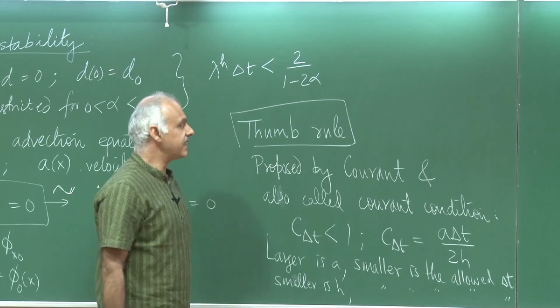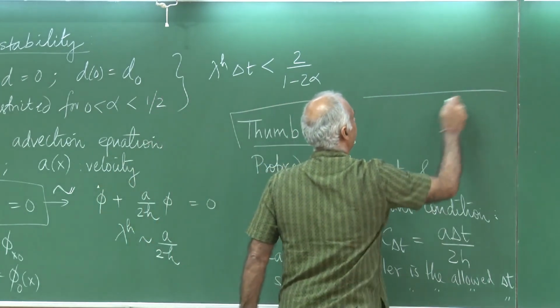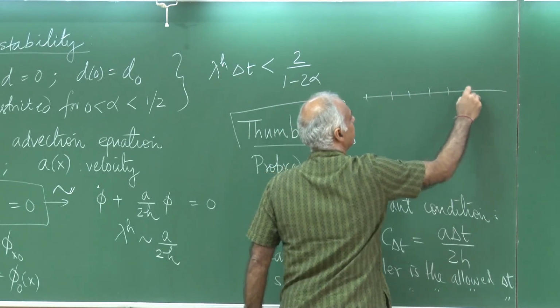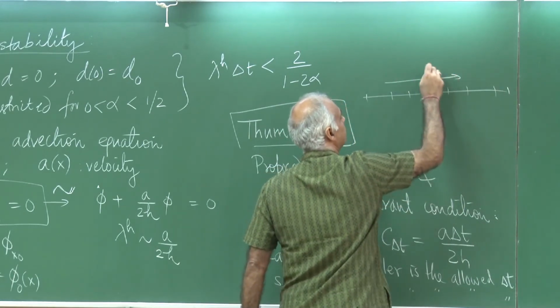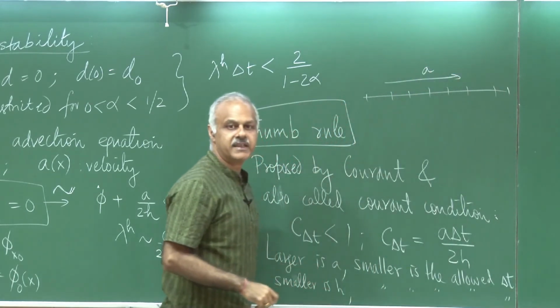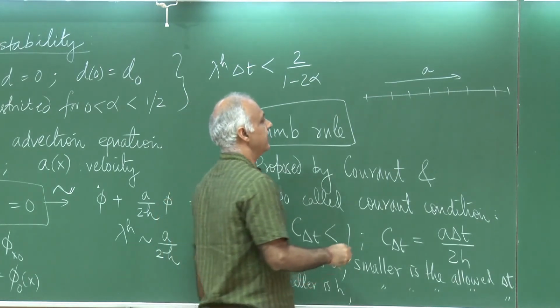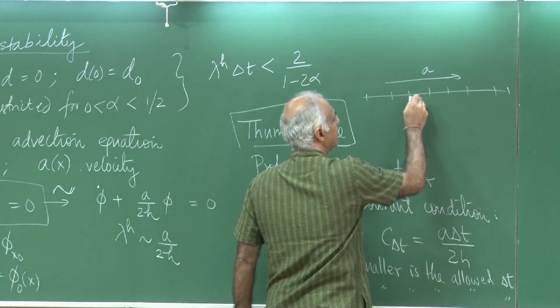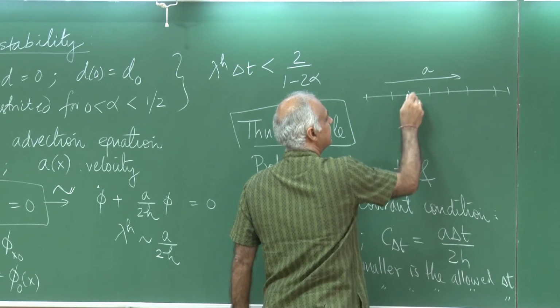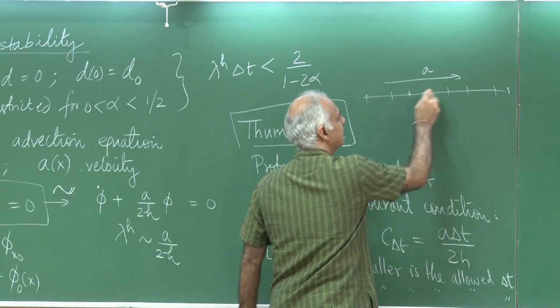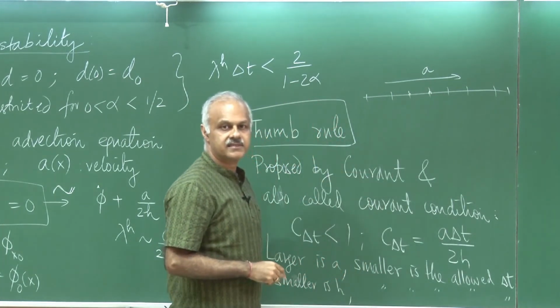Physically what we are saying is that if I have, let us say, my information propagating in this direction at speed a, then A times delta t is the distance by which my information propagates.